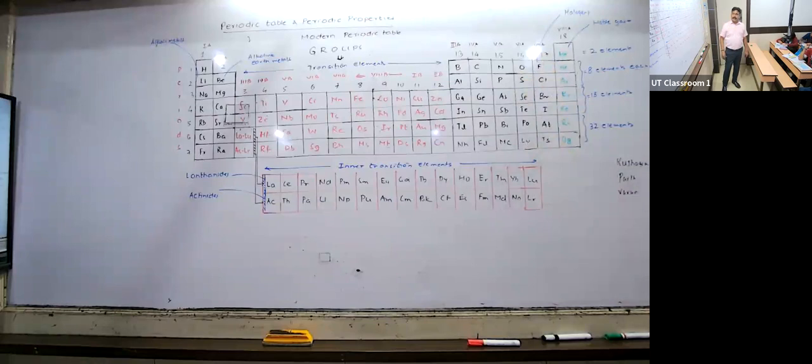So let us understand the salient features of this periodic table. First draw it comfortably, 10 minutes more. I can give you a 20 minute explanation on this particular periodic table so that you get accustomed again and at some points which you are not aware of, you will get the idea.